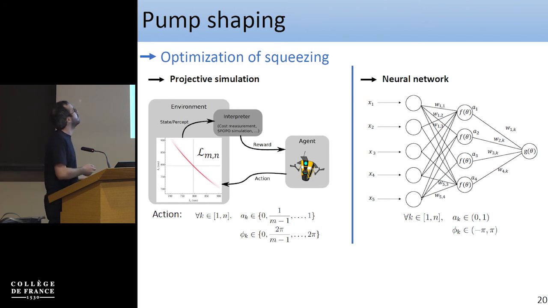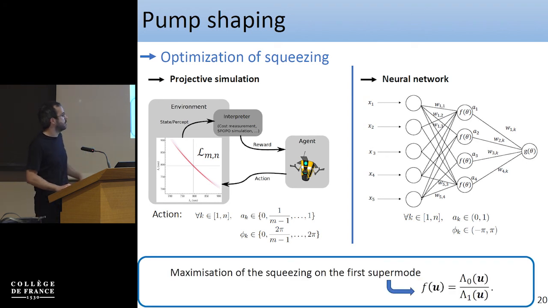So we can use these two algorithms. The action we can do for the training is the modulation of the amplitude or the phase. For the neural network, we have a continuous interval for the action, and for the projective simulation one, it's a discrete interval.